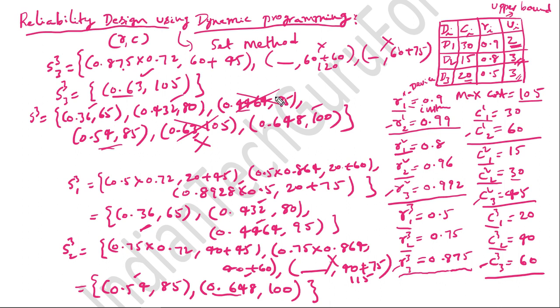So it is time to determine the solution for reliability design. I'll be erasing all this data and writing down only the tuples that are available in S41, S42, and S43, and then we'll solve the problem of reliability design.